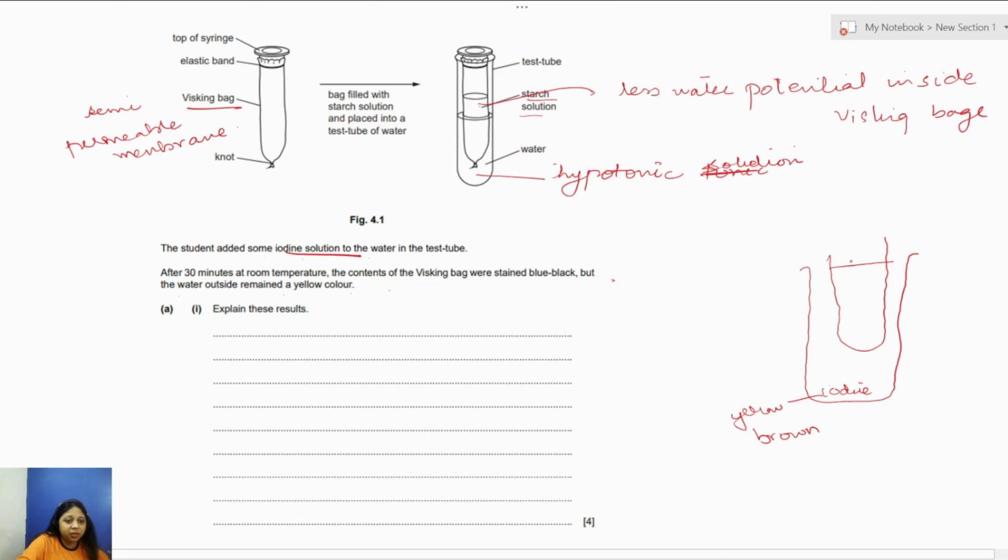Where is starch? Inside this one. But starch is not moving here. Why? There is iodine solution in the test tube, but the Visking bag contains the starch, right? Now the Visking bag got colored, but this test tube doesn't.